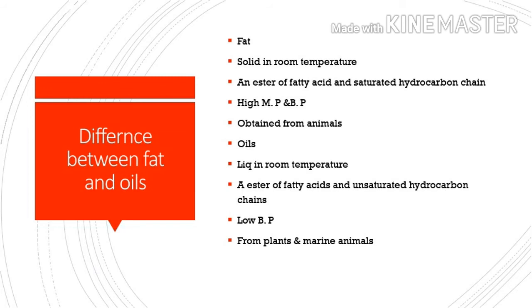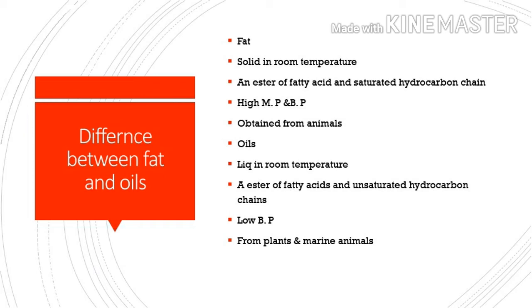First of all, solid in room temperature, an ester of fatty acid and saturated hydrocarbon chain. And fat has high melting point and boiling point and is obtained from animals. So, what do you mean by fat? It is solid in room temperature.